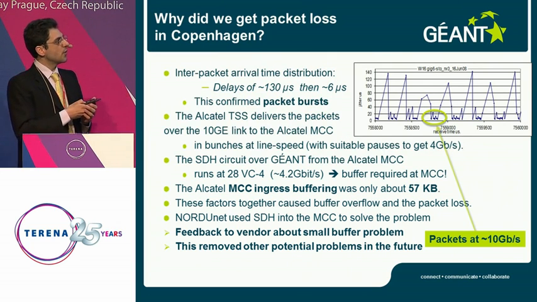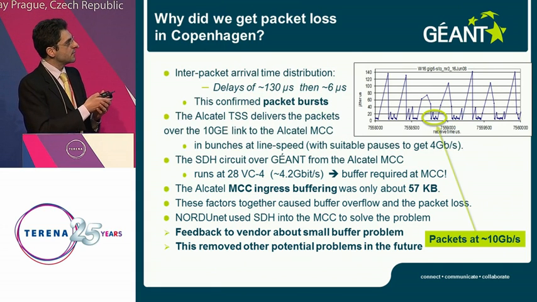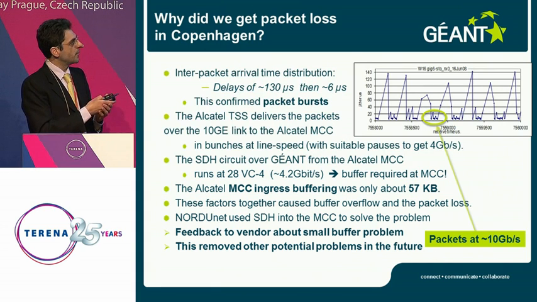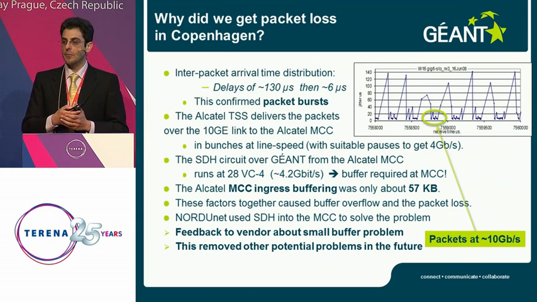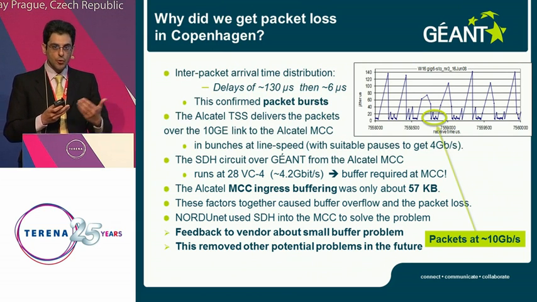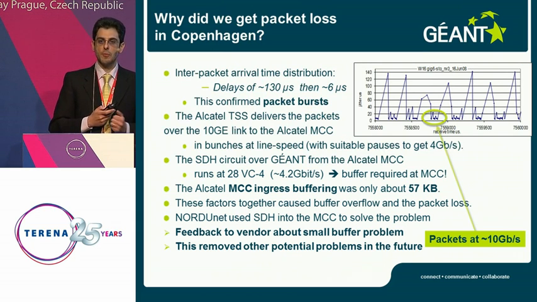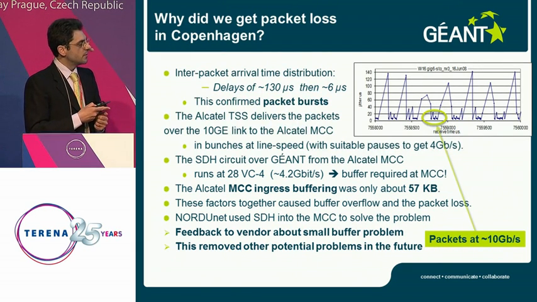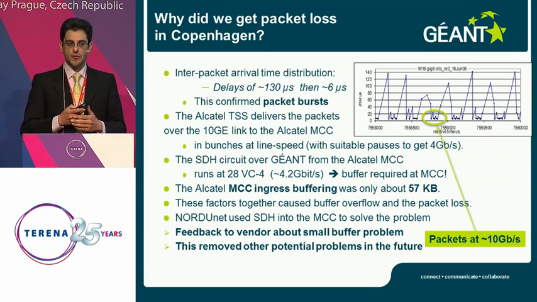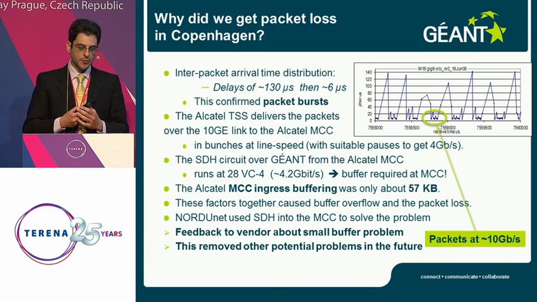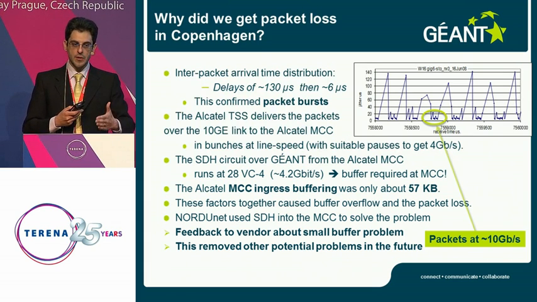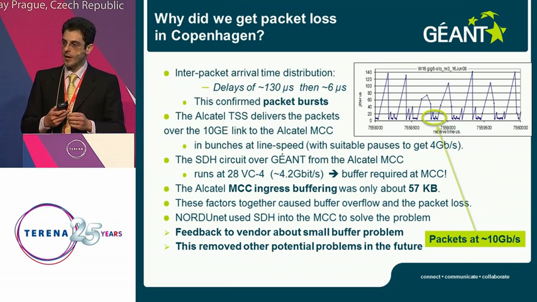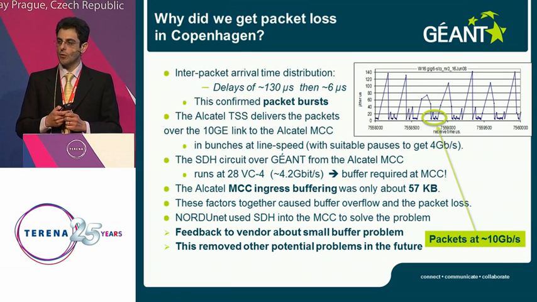So what was the consequence? Well, the Alcatel MCC ingress buffer in Copenhagen was only 75 kilobytes. It was not able to cope with the bursts, so packets were dropped. So a solution was found, and actually NordNet solved the problem using SDH to connect to the Alcatel MCC in Copenhagen, and the problem was solved.